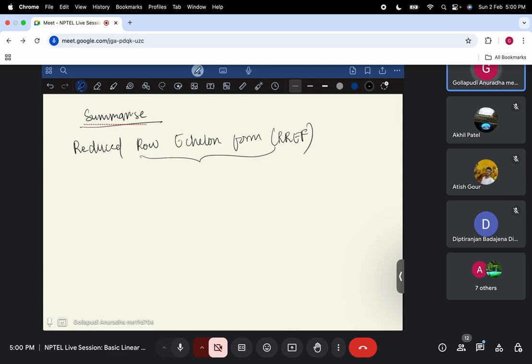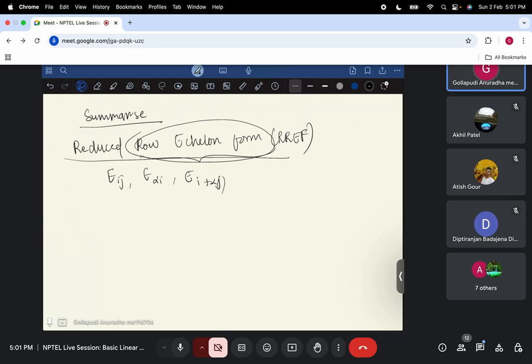Then that is called reduced row echelon form. And all these elementary operations, if you want to do some programming in a computer, are done using the identity matrix, Eij, E alpha i, and Ei plus alpha j, like this. And then we saw that row echelon form may not be unique, but reduced row echelon form will be unique.